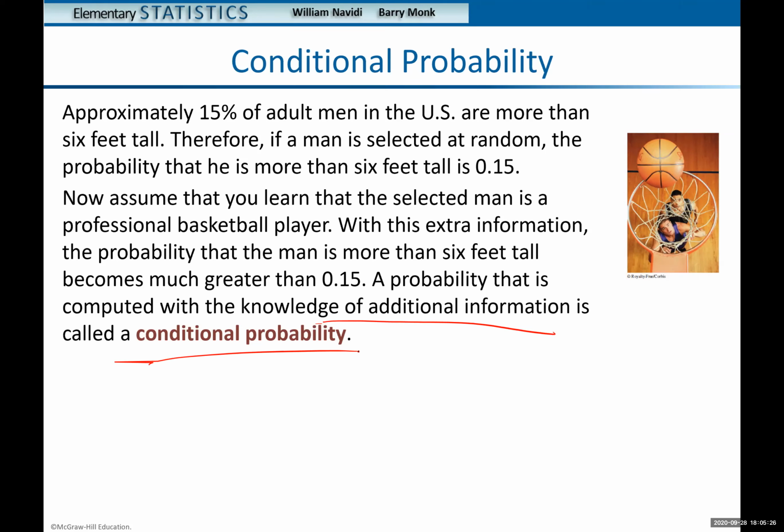If you need to copy that definition of conditional probability, copy now. A probability that is computed with the knowledge of additional information is called the conditional probability.